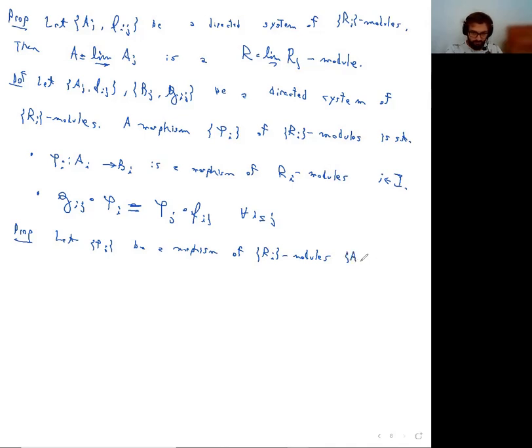So the R modules are Aj, Fij, and Bj, Gij. Then it goes down to the limit.